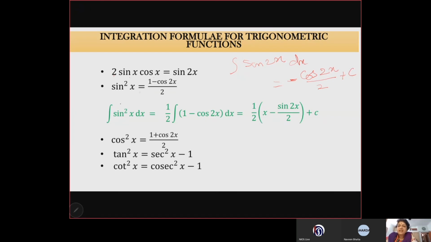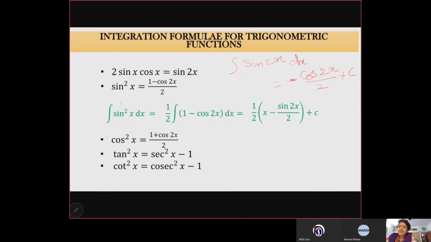Sine square x as it is, I cannot integrate. So we write sine square x as half into 1 minus cos 2x. So integral of 1 becomes x. Integral of cos 2x becomes sine 2x by 2. So we get half into x minus sine 2x by 2 plus c.